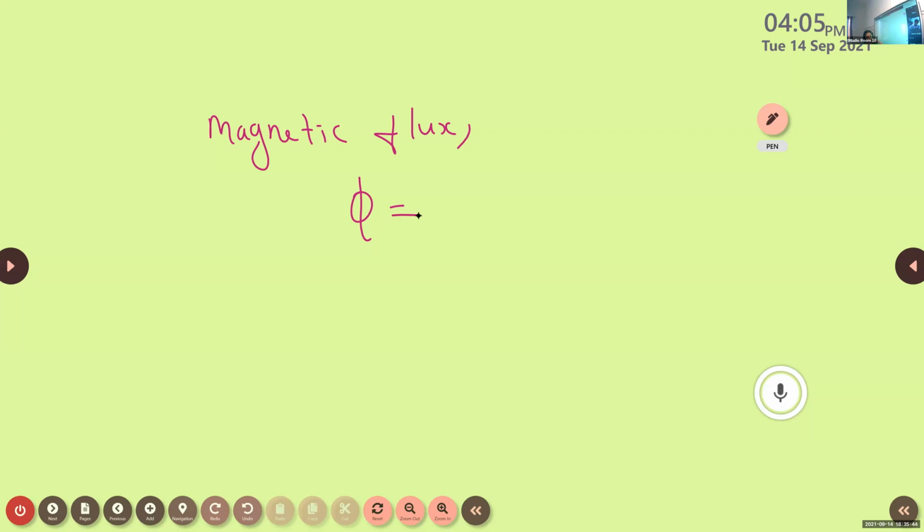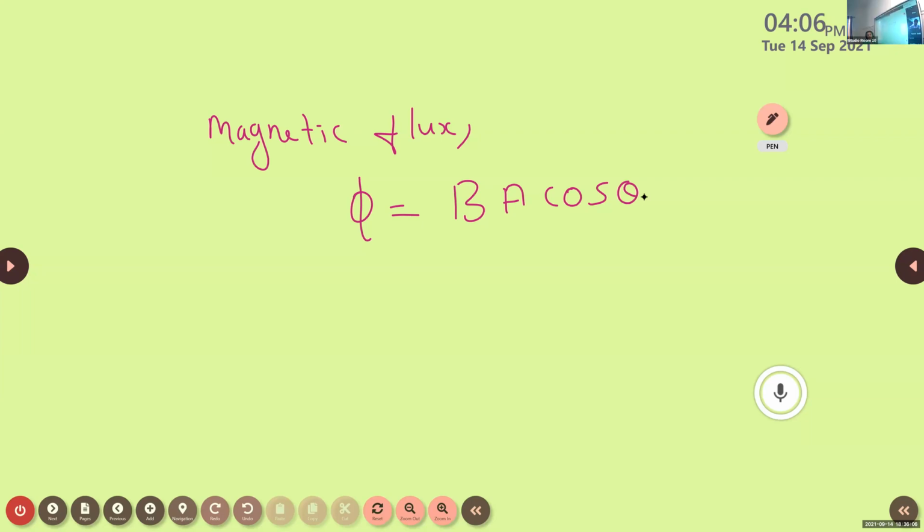How can we calculate the magnetic flux? Phi is equal to BA cos theta.